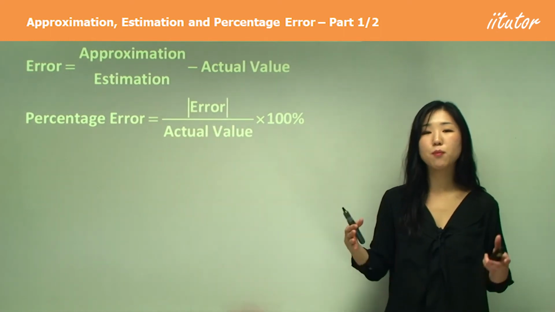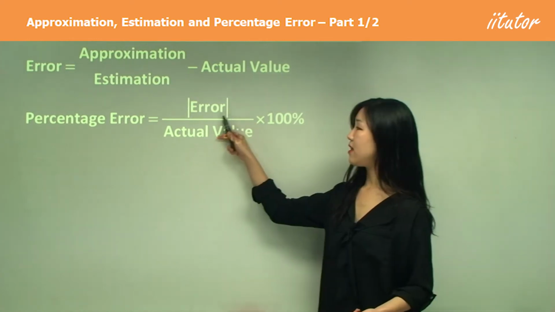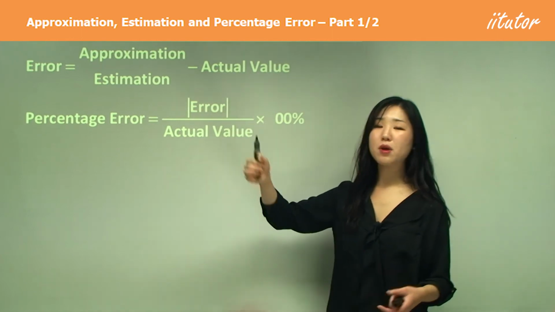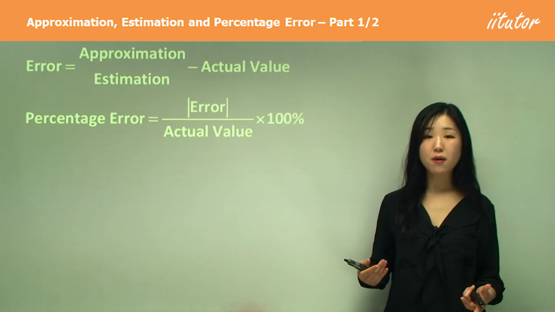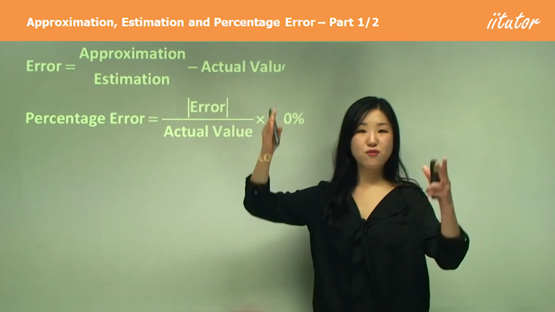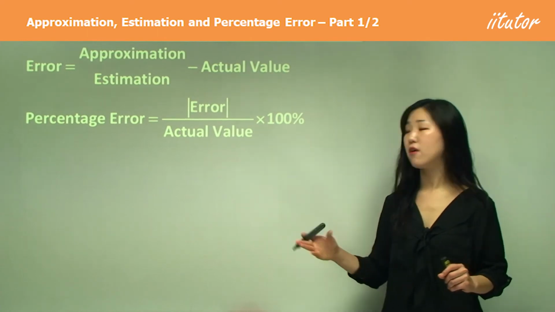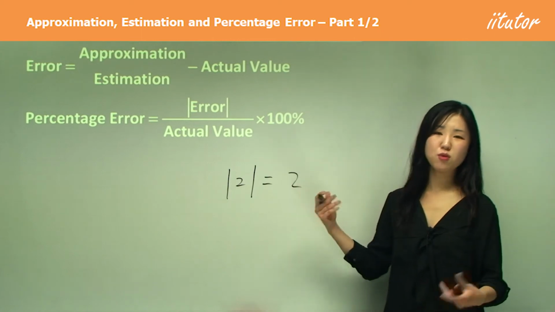So I want to know the proportion of that error with respect to the actual value. See how the error is what we calculated in the first part here? I'm going to put absolute values around it, absolute bars. For those who don't know what absolute bars are, it's just these two vertical lines around the number that always make the outcome positive. So say for example, if I have 2, it will just be 2 because 2 is a positive number.